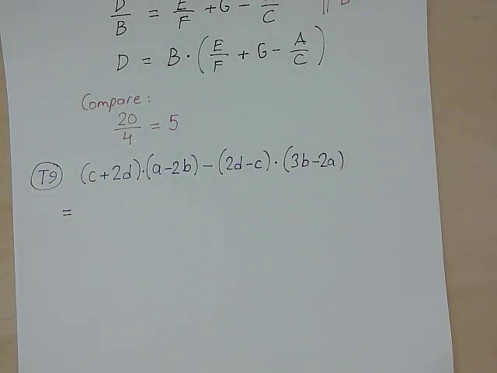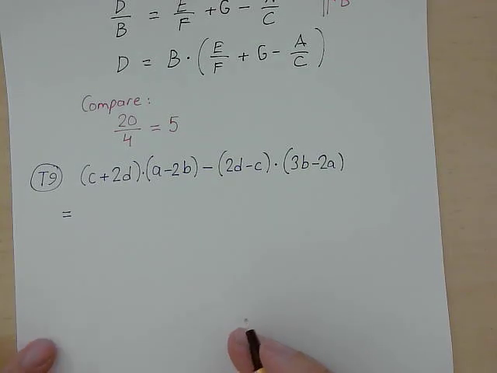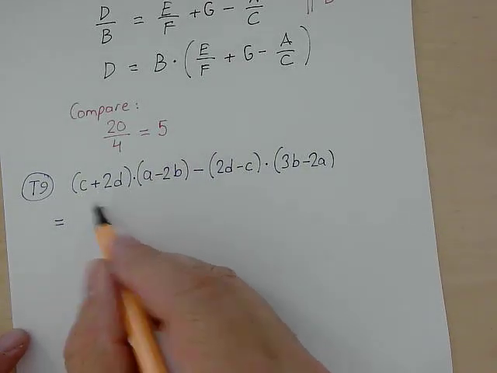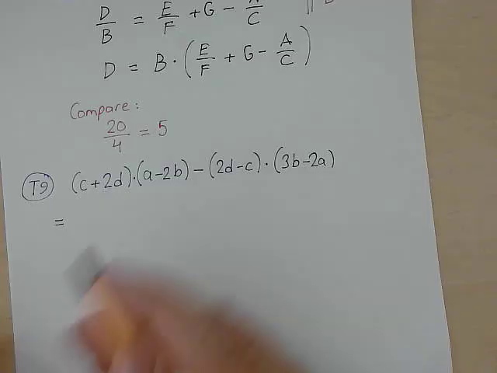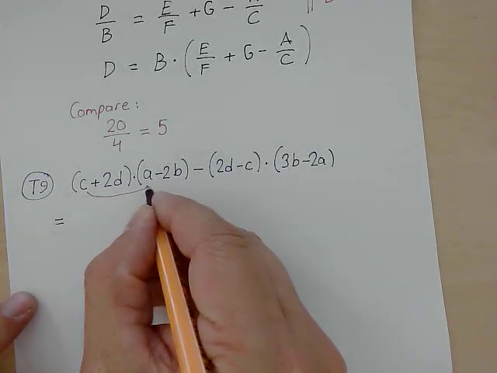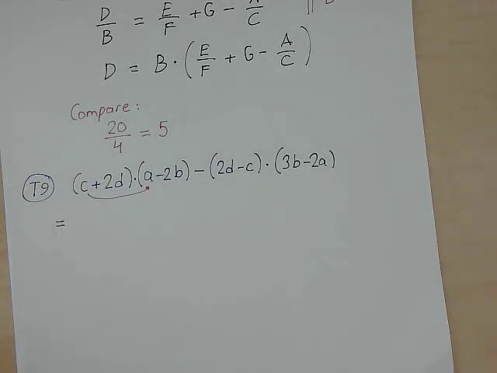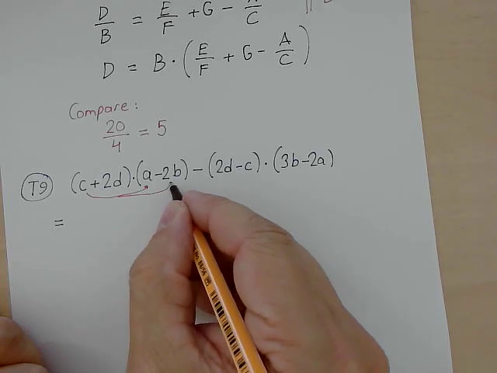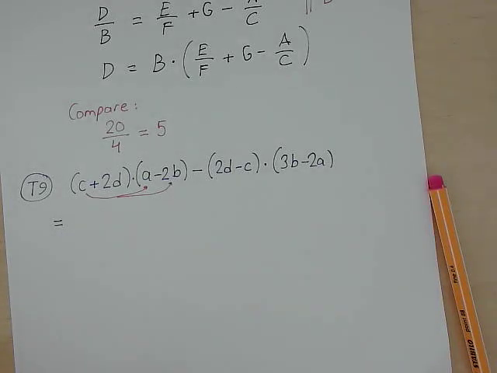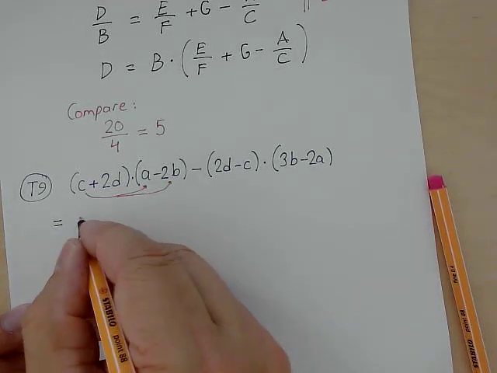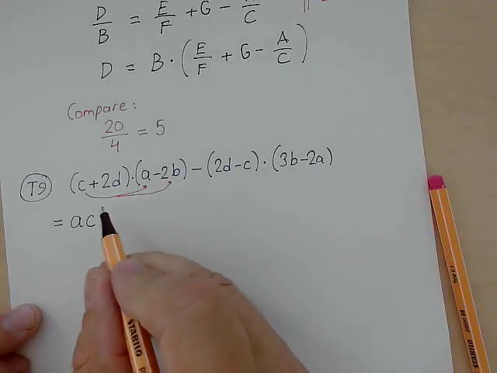First of all, if I see ac, minus 2bc. So we will take these first. a times c, ac, minus 2bc.